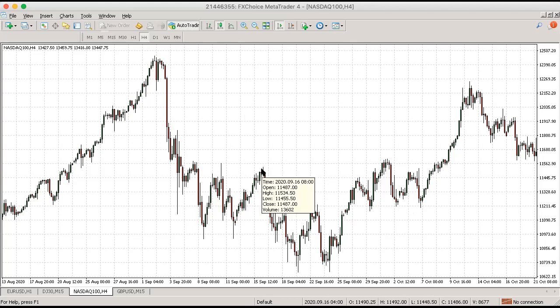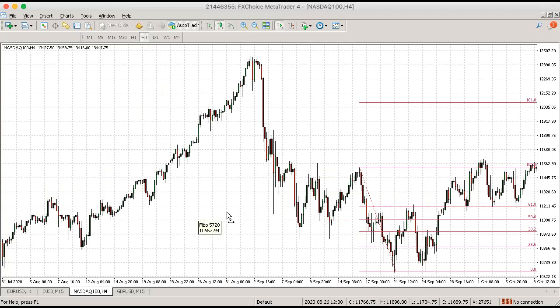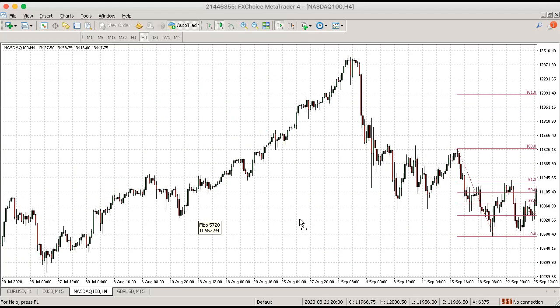We have a higher low and a lower low. You would come, take your Fibonacci tool, come from the upside, and then as you can see, it fell, came back, retraced on the 61.8% level, and then it fell down. Okay, so basically, this is how you want to trade retracements.